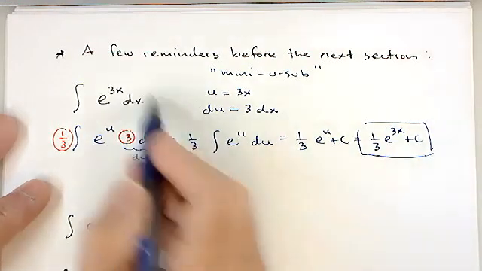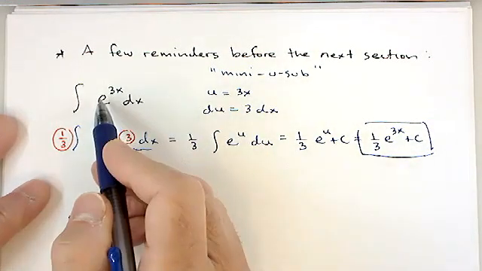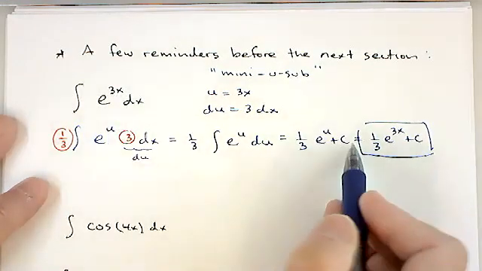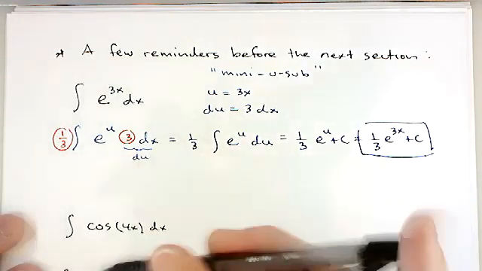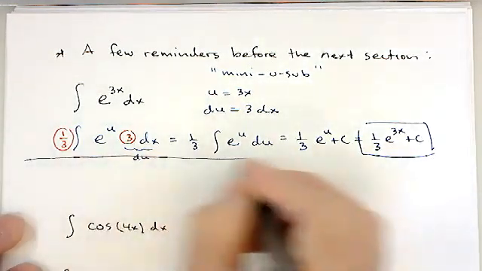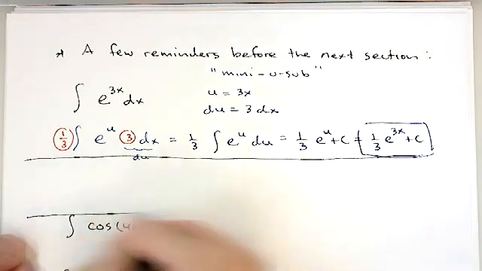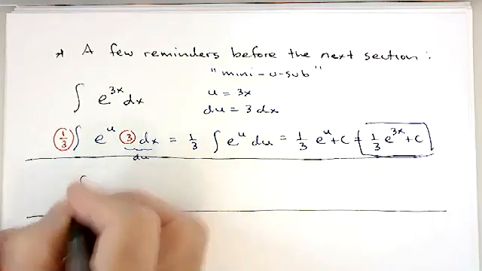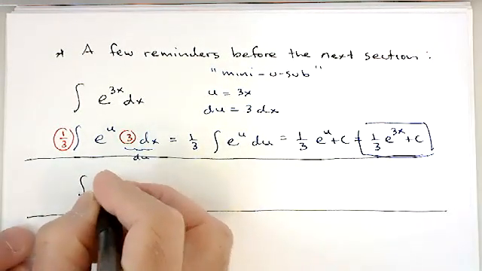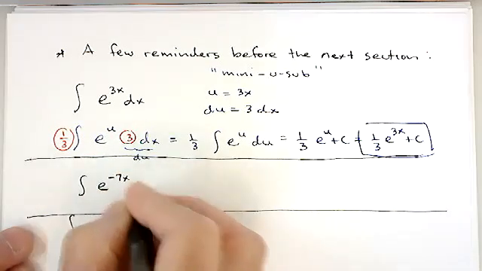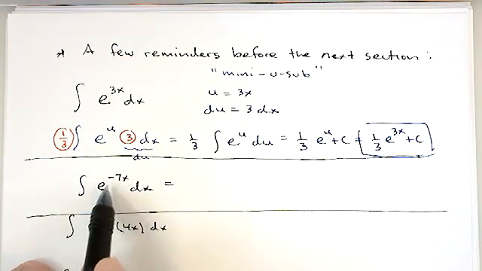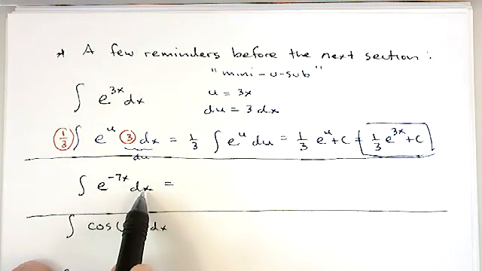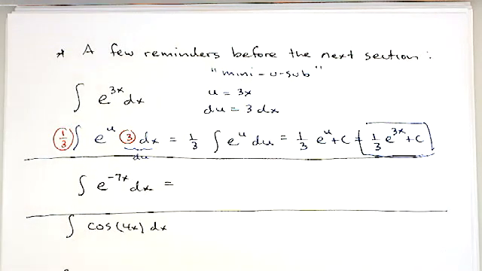Now, having done all of that to get that the antiderivative of e to the 3x is 1/3 e to the 3x, let me squeeze another example in here. How many people have a guess for what the antiderivative of e to the -7x dx would be if I did a whole other mini u substitution?